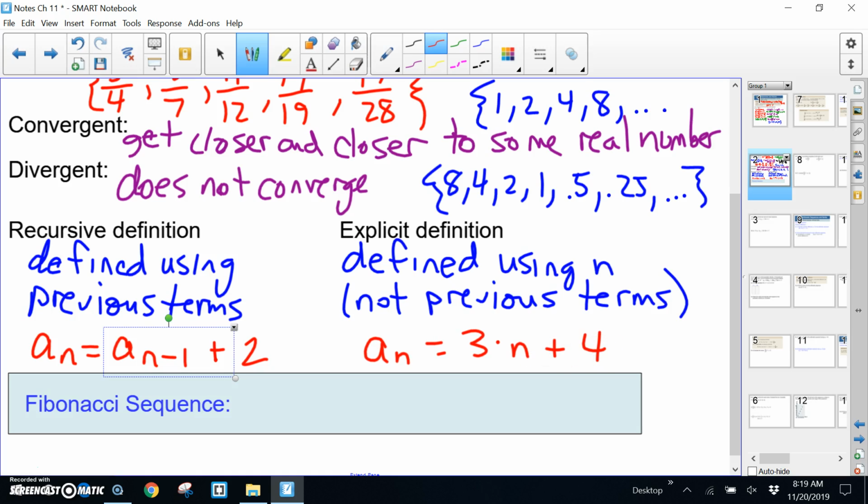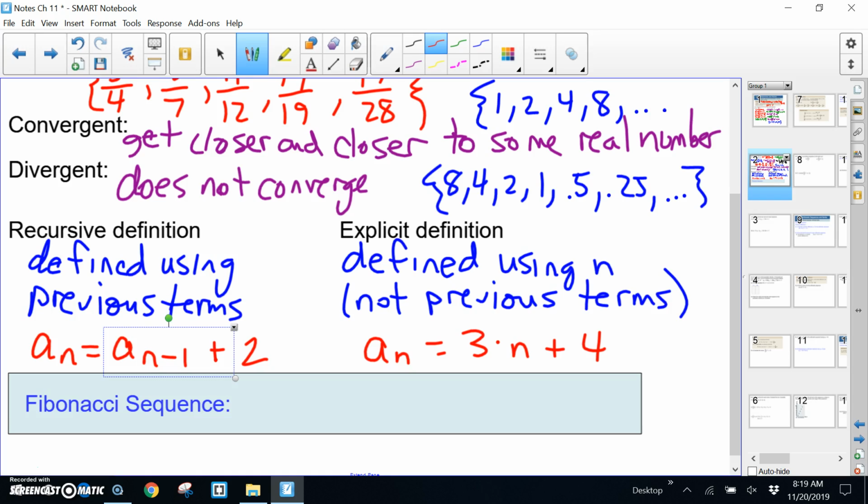So I don't need to know the previous term to find the next term, all right? The explicit definition sometimes is better for us, because if I wanted to find the 100th term, all I would have to do is plug in 100 into that formula. Whereas a recursive definition, if I wanted to find the 100th term, I would have to know the 99th term. And if I wanted to know the 99th term, I'd have to know the 98th term, and so on and so on.